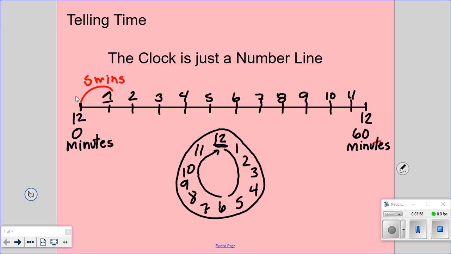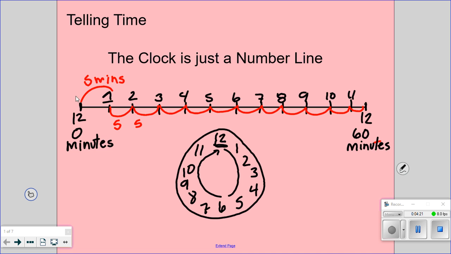In between the 1 and the 2 is 5 minutes. In between the 2 and the 3, 5 minutes. And that pattern repeats all the way around. We're counting by 5s. Each large number represents a group of 5.